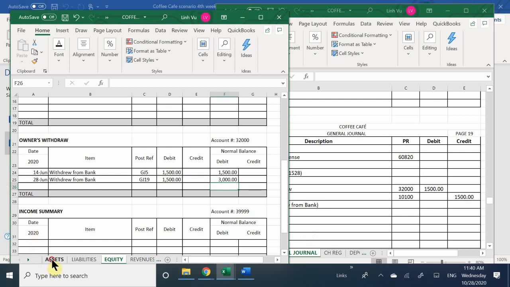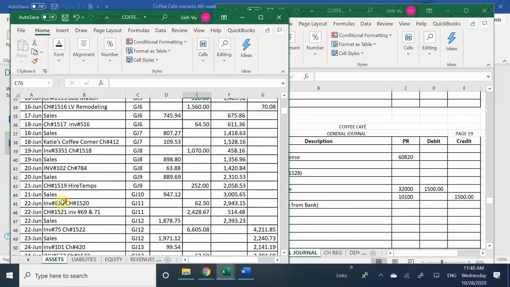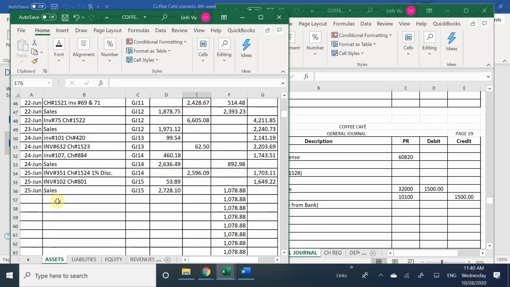And then lastly, we're going to go to our checking account because we withdrew from our bank. So therefore, we decreased my checking account. No check number was necessary. So I'm going to go ahead and write owner withdrew from bank. There you go.